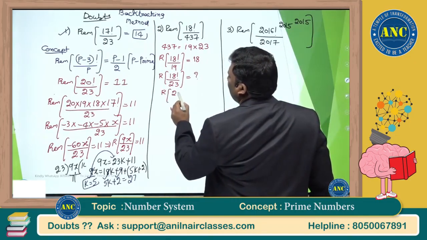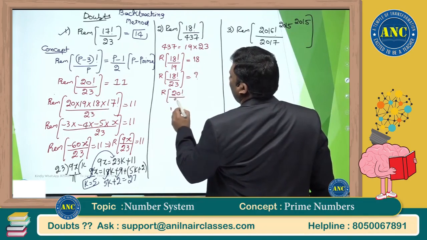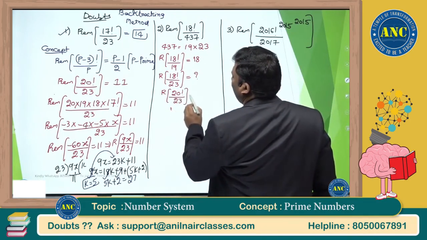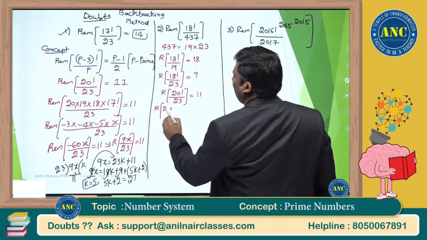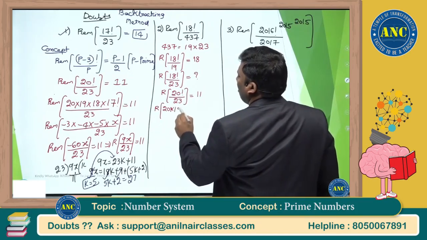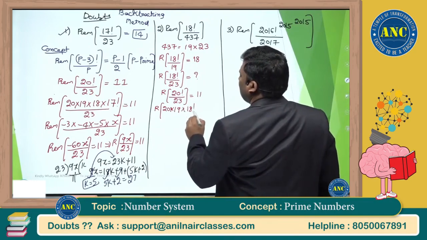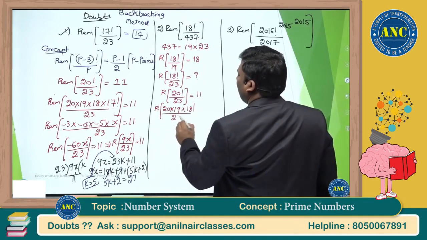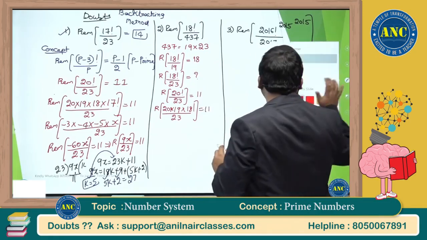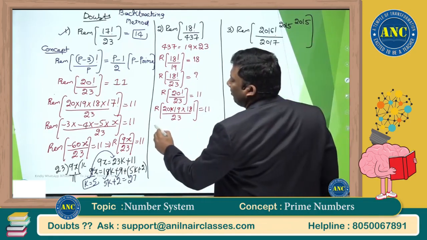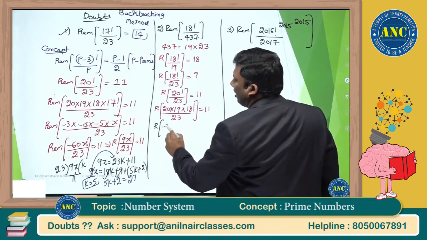We already knew p minus 3 factorial by p: 20 factorial by 23 is 11. So 20 factorial is 20 into 19 into 18 factorial divided by 23, it is 11. Till here it is clear? Same backtracking. 20 divided by 23 is minus 3.